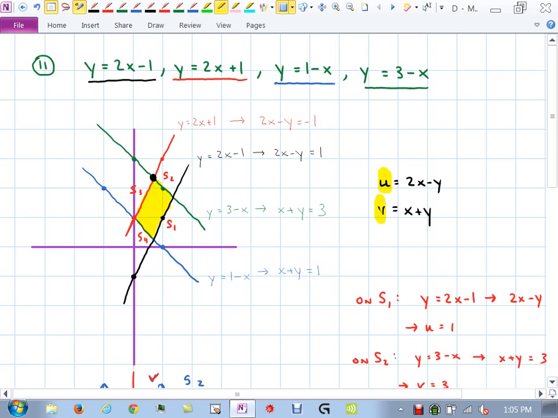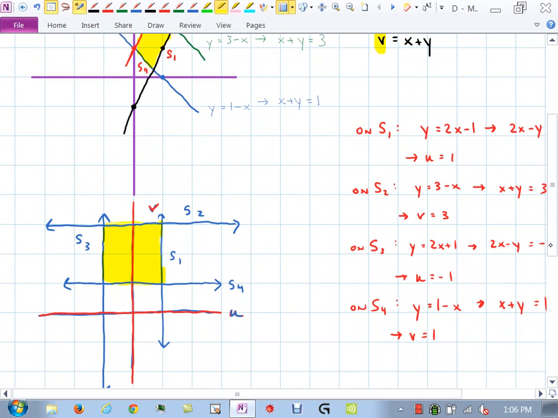And this is what they're going to be, but I want to explain why it is that they turn out this way. What we want is for one of these, let's just look at S1, which is this line right here, this side. I want S1 to go from a line that has some slope to it, to become one of the sides of a rectangle. On one of the sides of a rectangle, one of the variables is constant, isn't it?